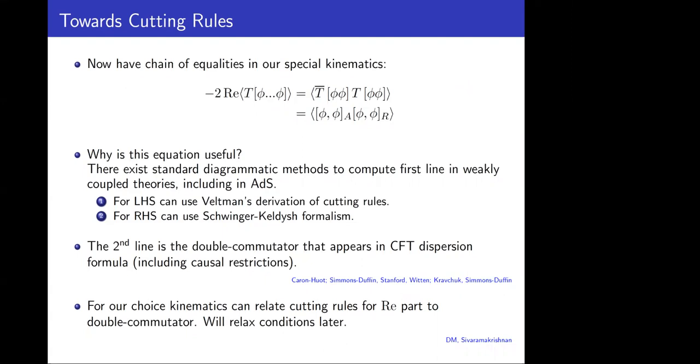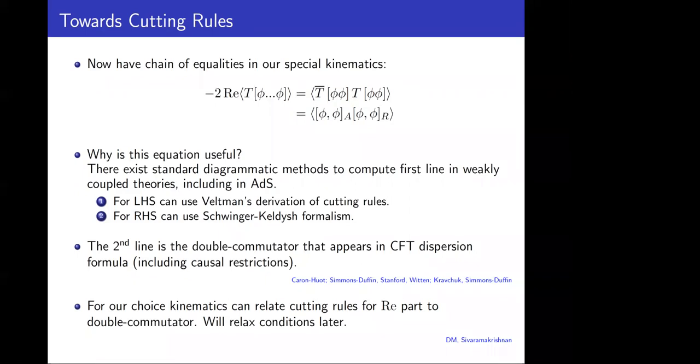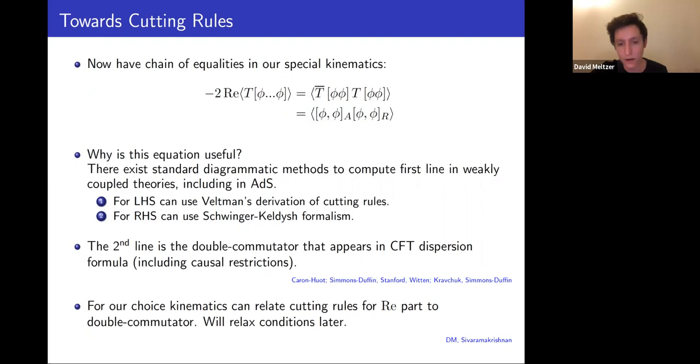So here, how are you viewing various things? So yeah, in CFTs, we already have the dispersion formula. The missing piece, I think, as I said before, was just what are the AdS cutting rules? So the goal is to have a new way to compute this double commutator.